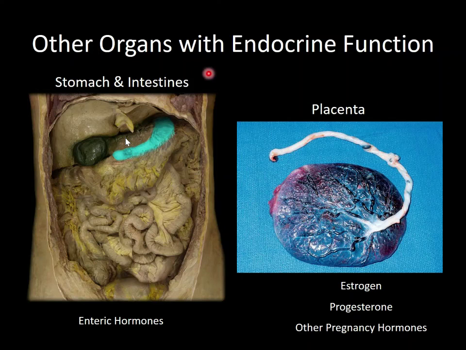Then some other organs with endocrine function are the stomach and the intestine. They will produce certain hormones that will have certain enteric regulation. And we also have the placenta, the connection between a baby in the uterus and the mother. The placenta also produces certain hormones that will help regulate certain functions in the baby.